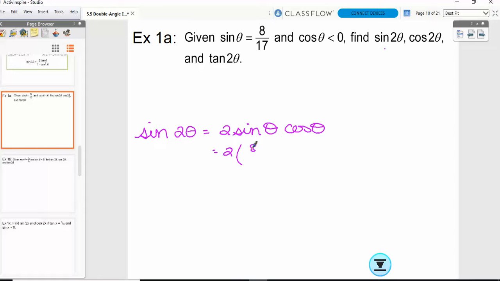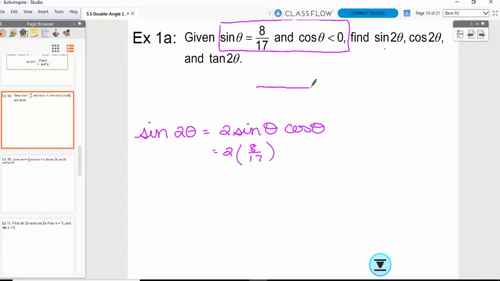My sine theta is 8/17, but do I know cosine of regular theta? No. But we did problems like this back in chapters 1 and 2. So we have to figure out what cosine of regular theta is, so we can plug it into our formula.